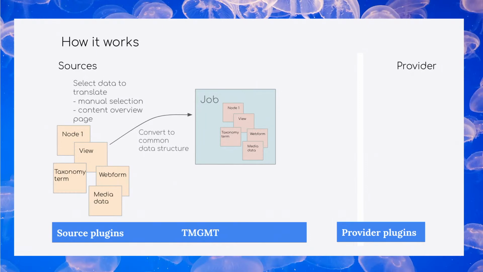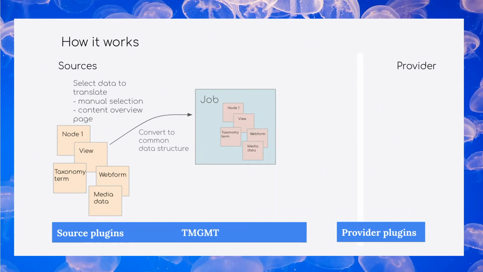And the fact that there is this job that gives the context really helps the translator to also know what they are working with and to not have, okay, node one, and then the media, and then something else that's not related at all.